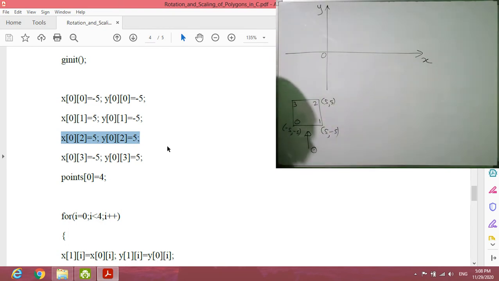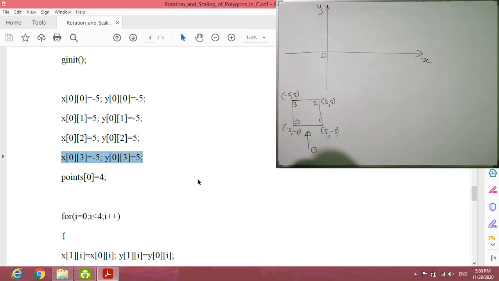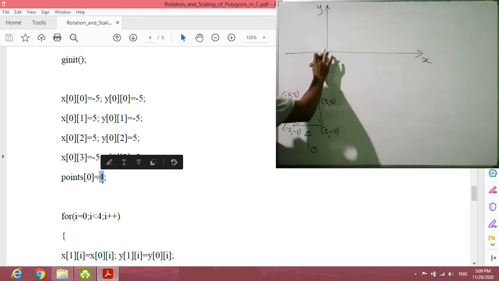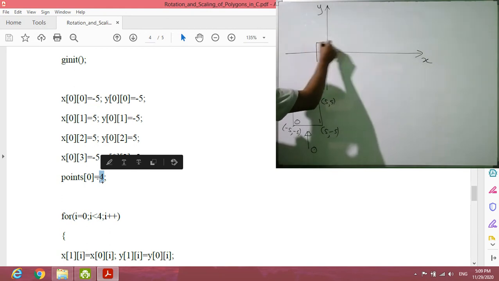And 3 means x coordinate is -5, y coordinate is 5. Now the number of vertices is 4. If I draw this, it is something like this.